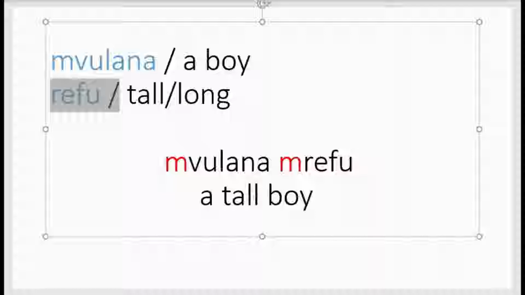Now to join these two together, if you want to say a tall boy, you say mvulana mrefu. You can see I've added m, the letter m.